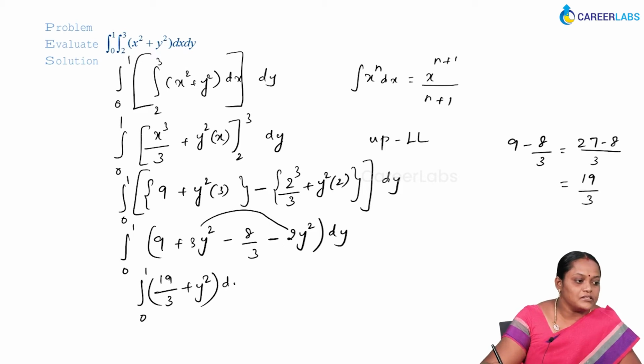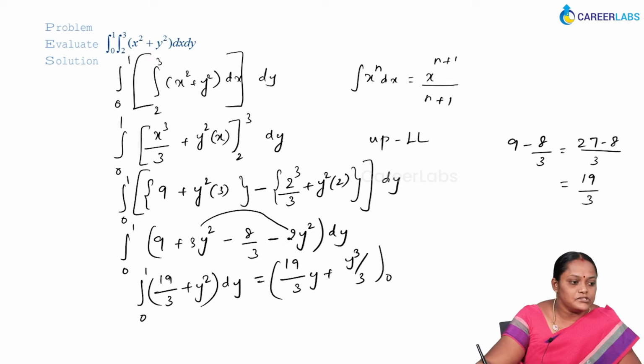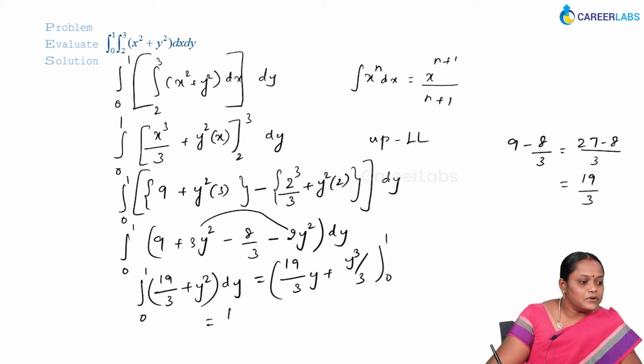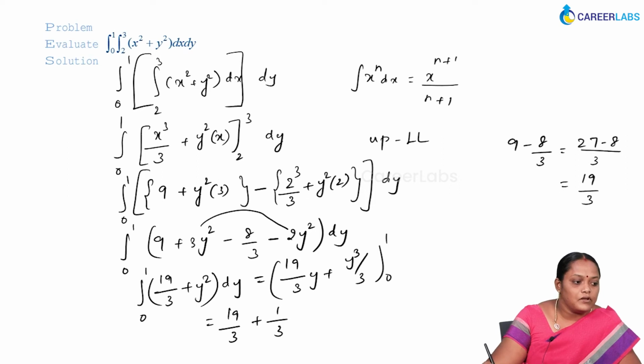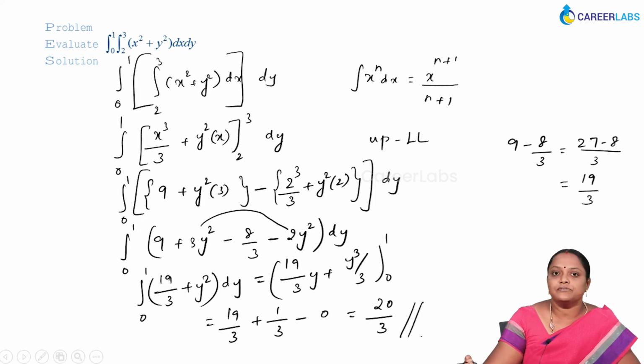Now we will integrate this with respect to y. So this will be 19 by 3 y. For y square, it will be y cube divided by 3 over the limit 0 to 1. When you apply the upper limit, this will be 19 by 3 plus 1 by 3. When you apply the lower limit, this is going to become 0. So when you simplify this, 19 plus 1 will be 20 divided by 3. So this is the answer for the first problem.